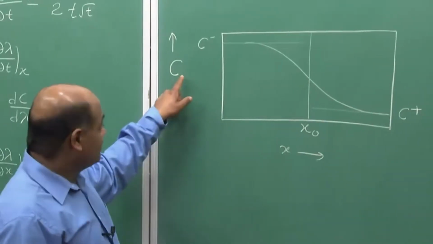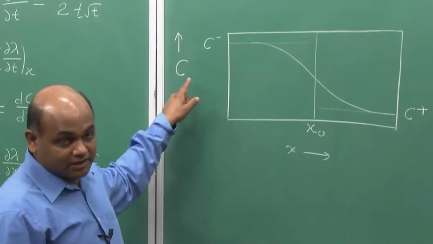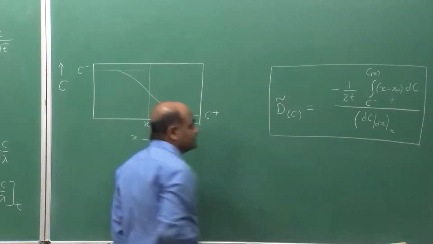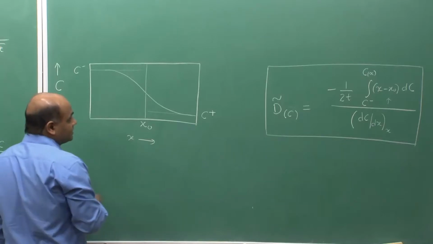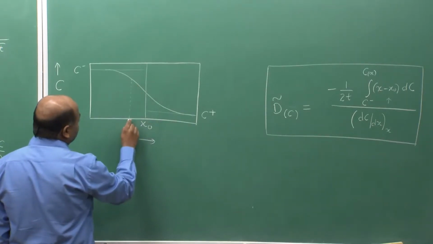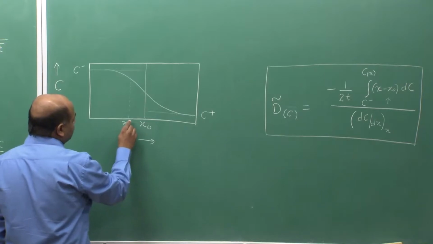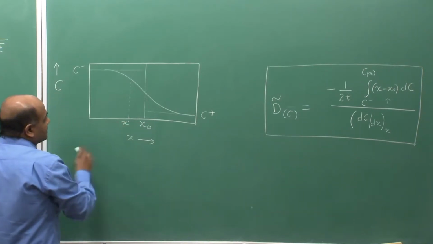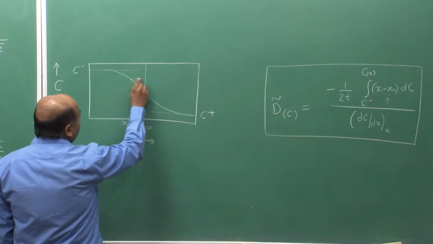So, C implicitly we are assuming here is C_A. So, this integral is nothing but the area under the curve. So, if we want to find out D tilde at position x, some position x prime, let us call x prime here, then we evaluate this integral.